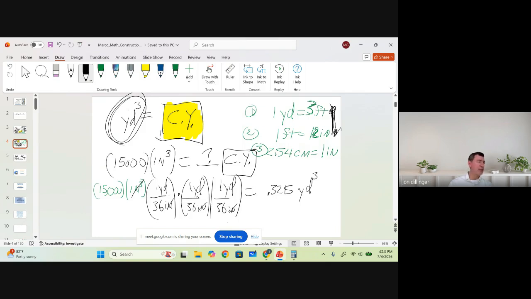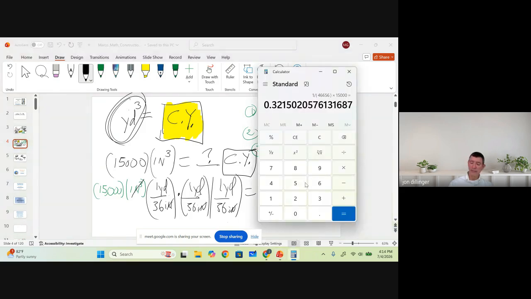Let me go over this and check. 1 yard, 36, 36, 36. So 36 times another 36 is that. Invert it, times 15,000.